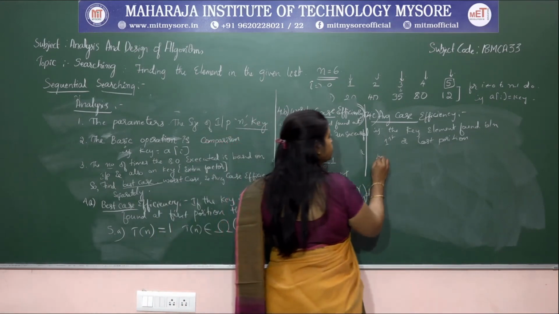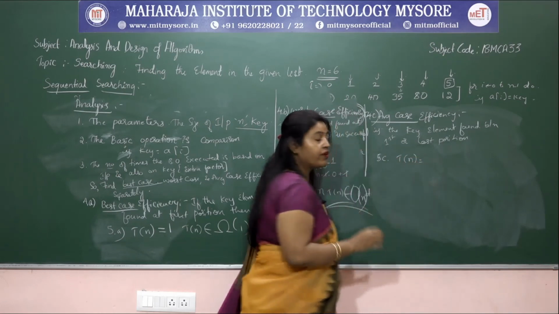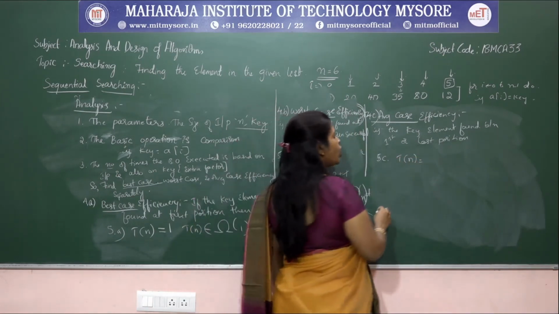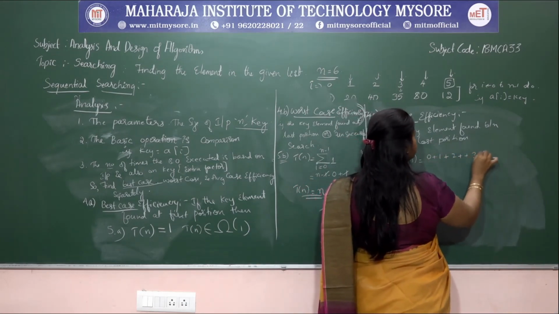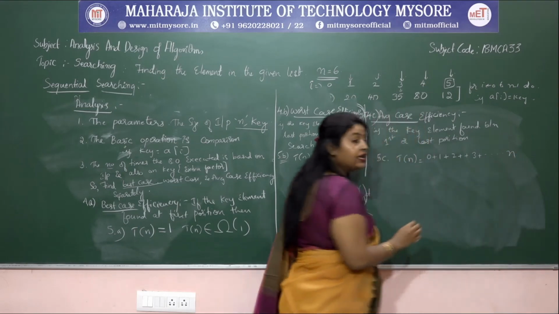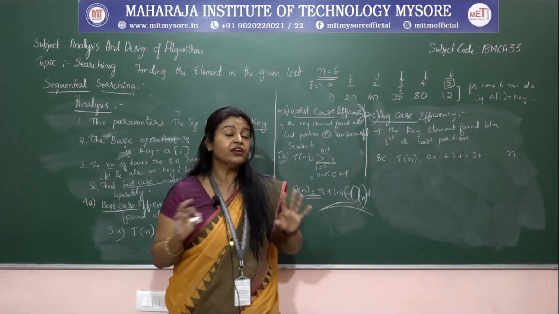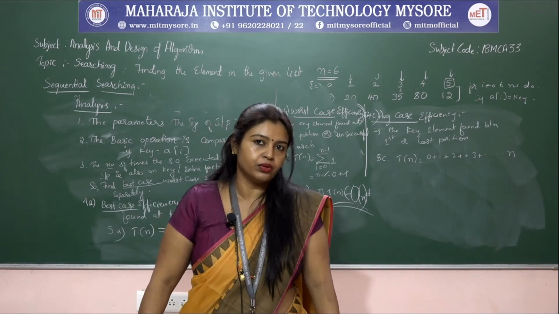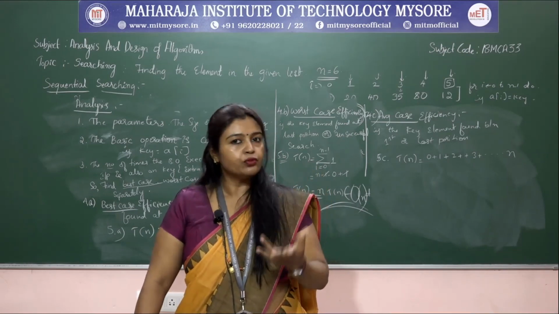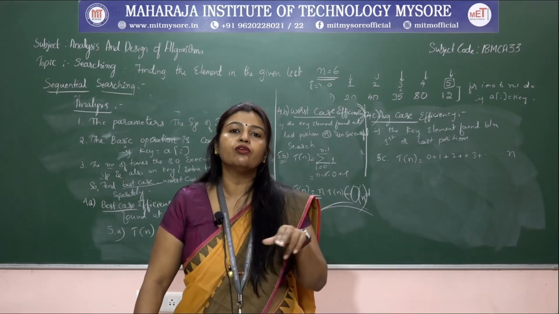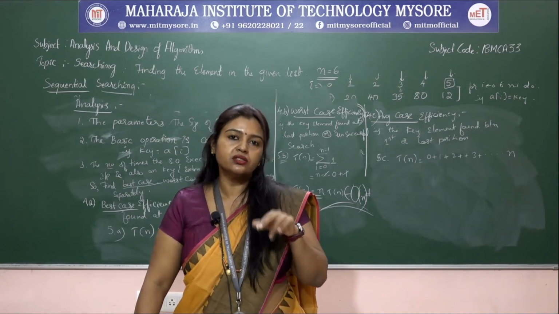Then what is the time efficiency, 5c? Your time efficiency function T of n is equal to, so how many elements do we have? 0 plus 1 plus 2 plus 3 and so on, n elements. So why are we adding all these things? Whenever we calculate the average of two numbers, we take the sum of those two numbers and divide it by the number of values, which is 2.